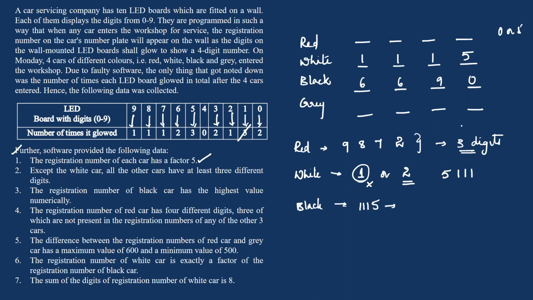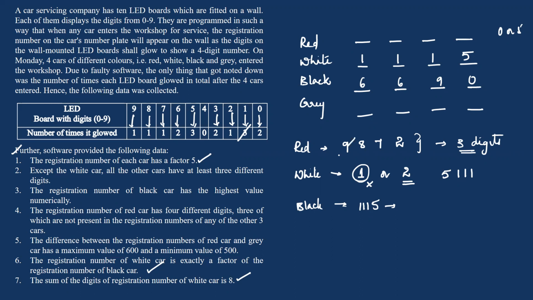Clear? Then okay, so we have used this. The sum of the digits we are done. We have used this. Is exactly a factor of black car. We have used this. Now 6690.